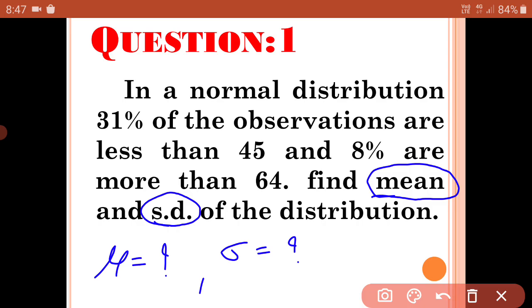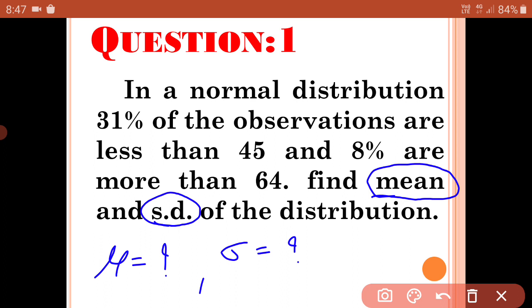In this type of question, we look at the table in reverse. It means a reverse table. We find the value in the middle of the table and then we find z. So when the question says find the mean and standard deviation, we look at the table in the reverse method.